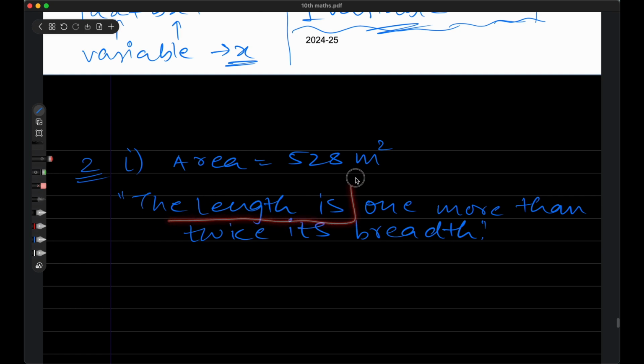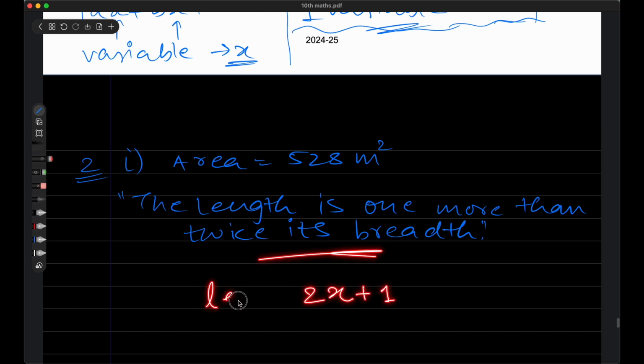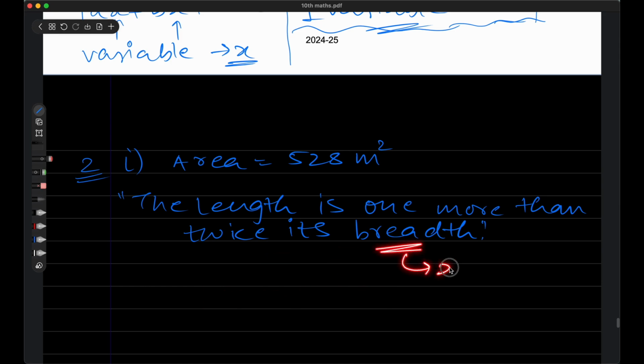So if we assume the breadth as x, then the length, which is one more than twice its breadth, is twice its breadth plus 1. So we assume the breadth equals x and the length will be 2x plus 1.